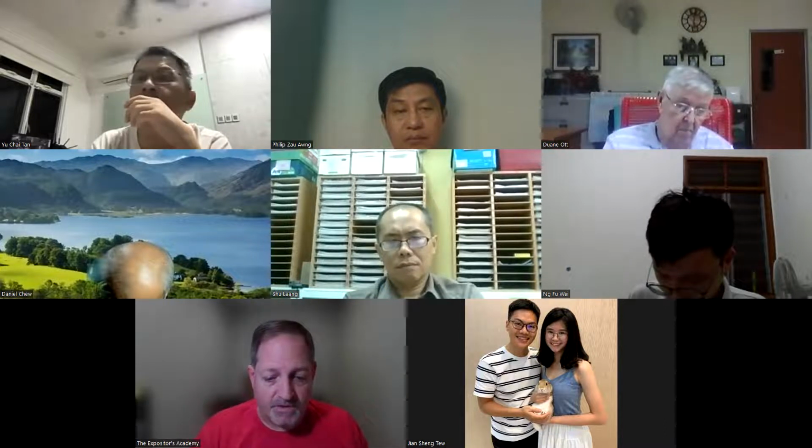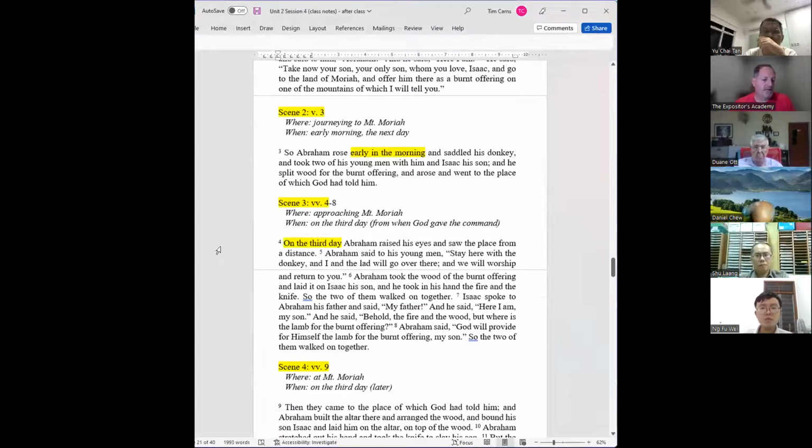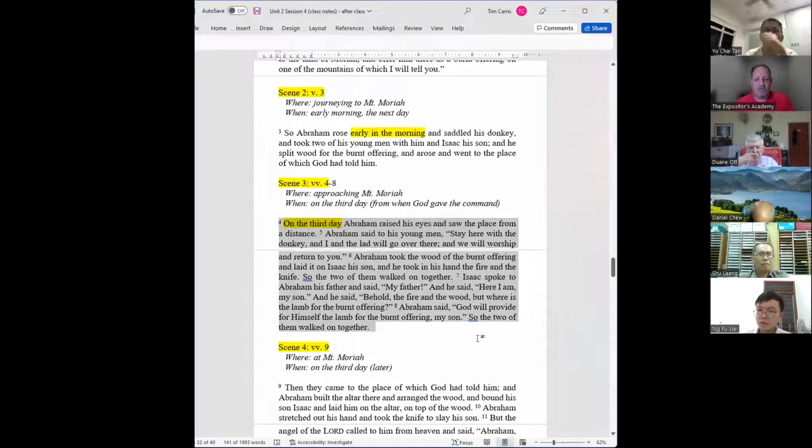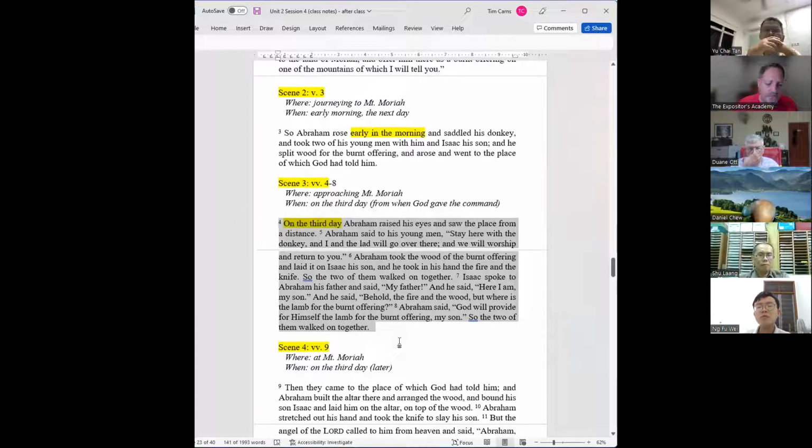So for example, as we look at this account, we'll go through the details of these particular scenes next week, but notice he does include scene 3, which has this extremely short dialogue between Abraham and Isaac. And so as we're going through that scene, we want to ask ourselves, okay, what is going on here?